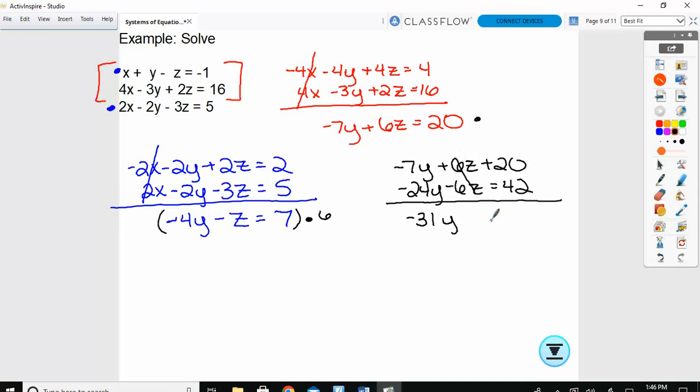So 31y equals 62. Divided by -31 and y is -2.